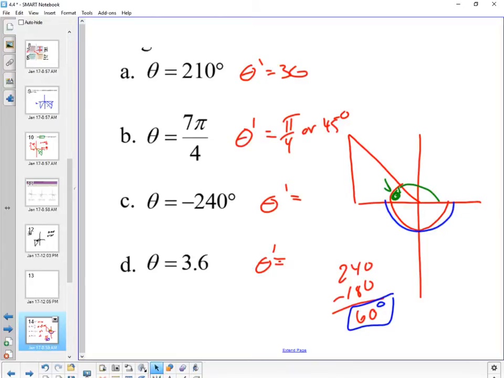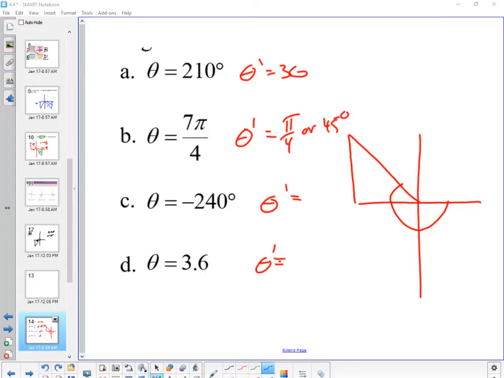So let me do that again. You were okay here, correct? My reference angle. Everyone's okay that this is 240 degrees, negative 240 degrees?